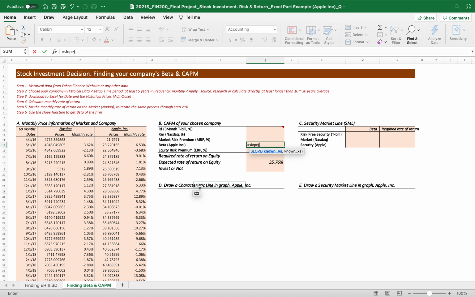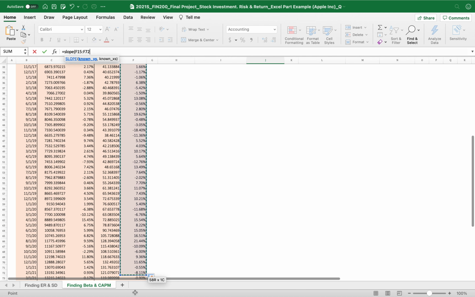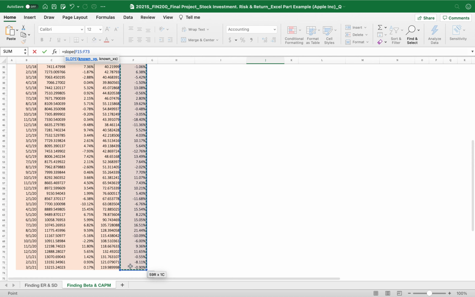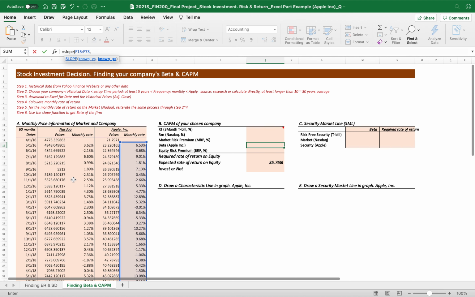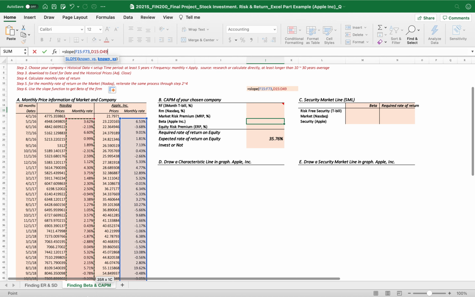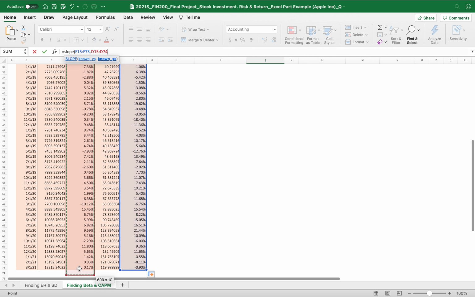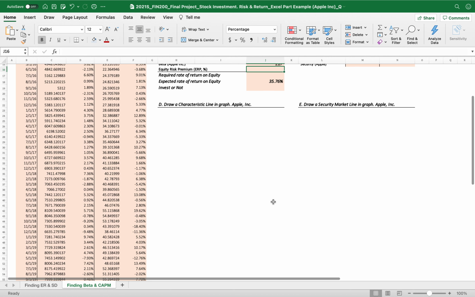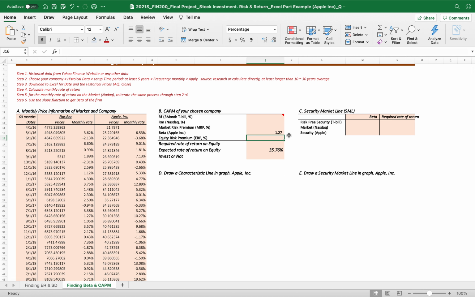It explains when the market moves, how much the sensitivity, the slope, is in the objective on the y-axis. So we put the y-axis here first, and then the x-axis, which is the market. Order is very important. So 1.27 is the beta that we calculated.